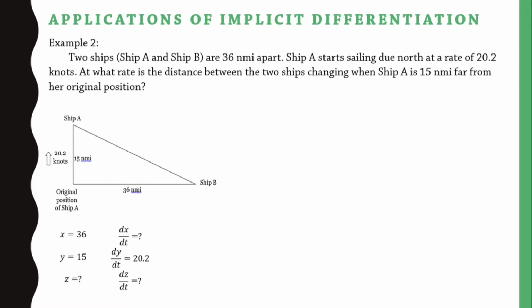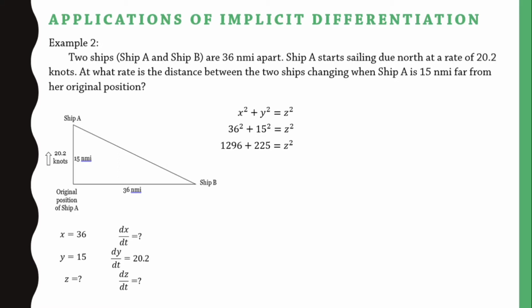Okay, so first, we need to determine z. And to do that, we can use the Pythagorean Theorem. So we have x squared plus y squared equals z squared. So from our given here, x is 36, so that's 36 squared. y is 15, so we have 15 squared. And we have z squared. So 36 squared is 1,296. 15 squared is 225.